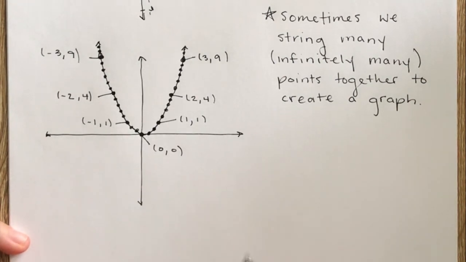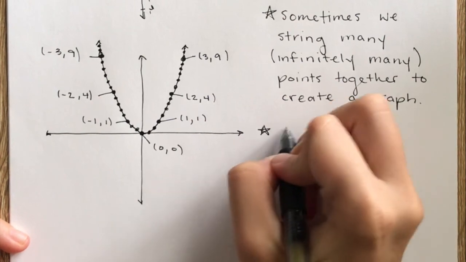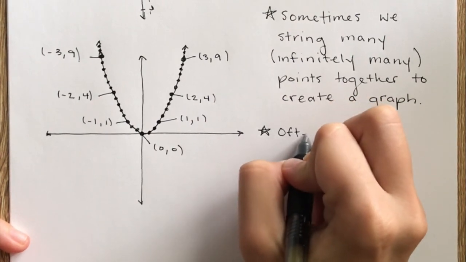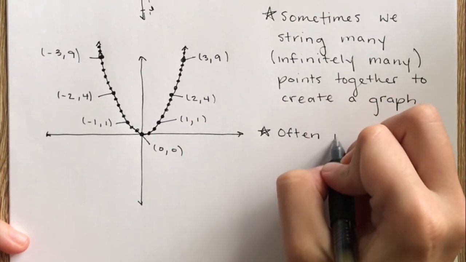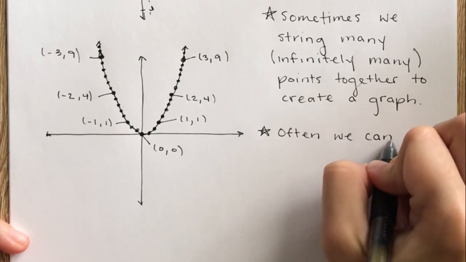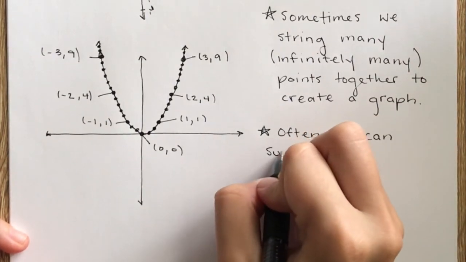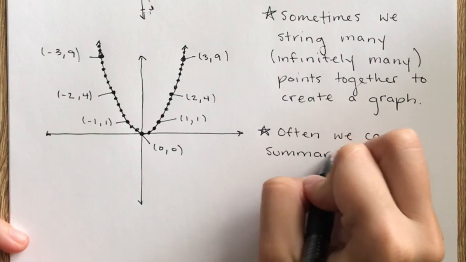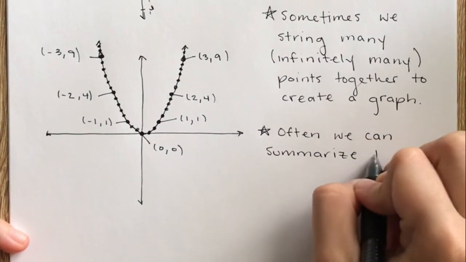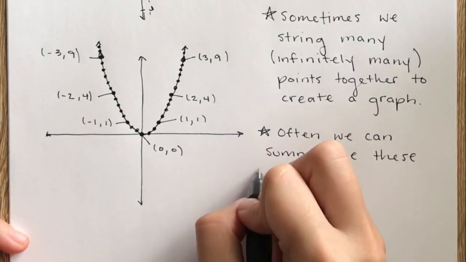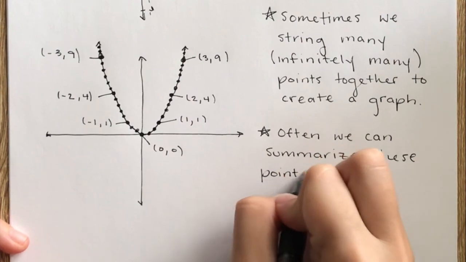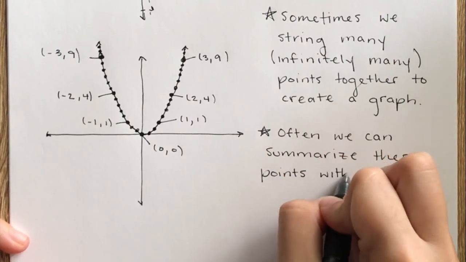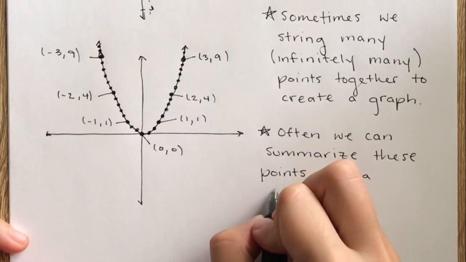We have a bunch of different points. Those are just a few of them. Often we can summarize these points with a relationship.